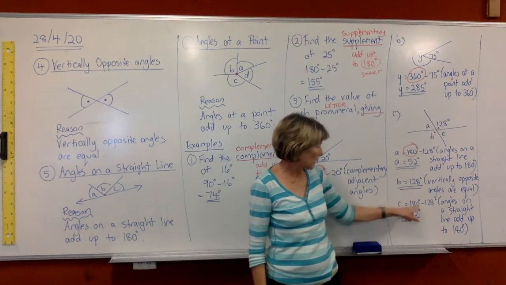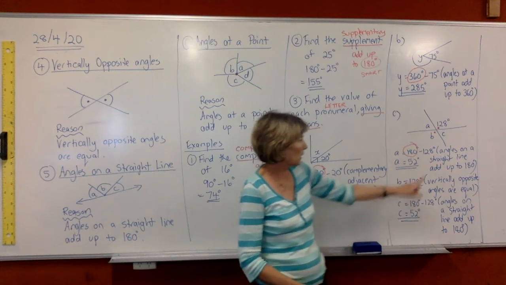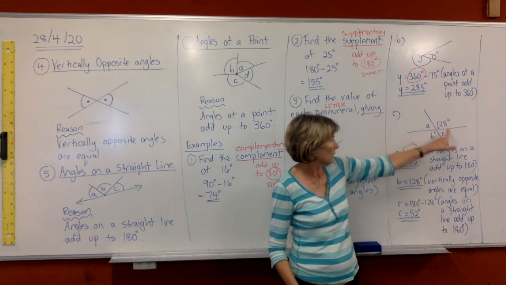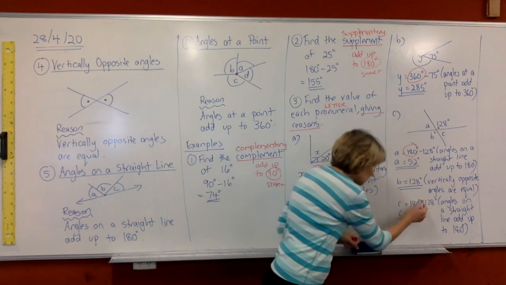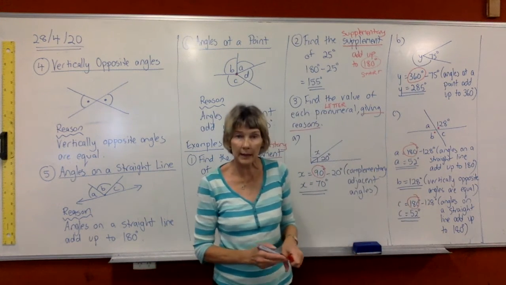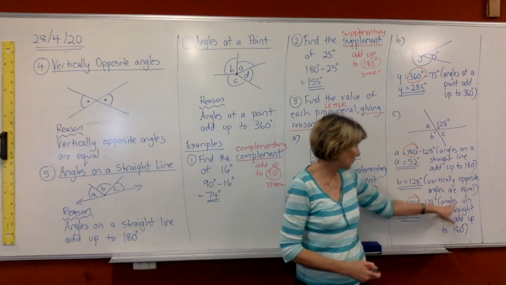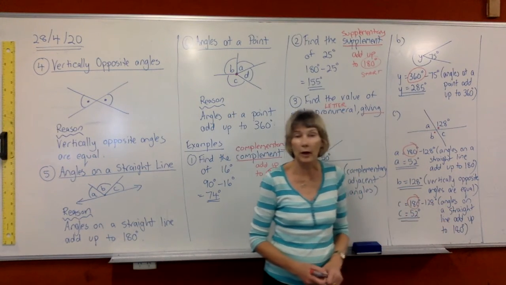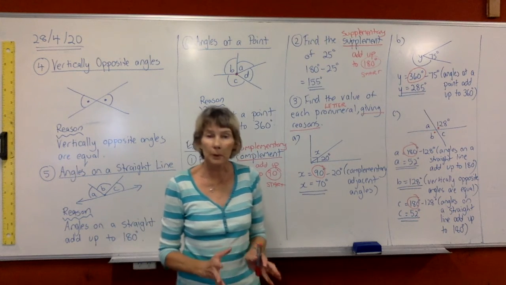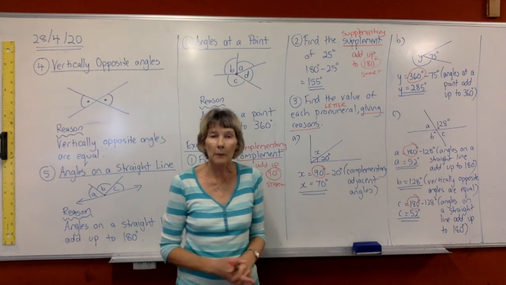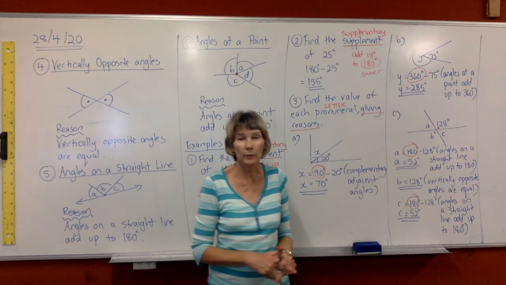So we're going to start with our 180, take off the 128 and find out what's left, 52 degrees. But don't forget, you have to tell them where that 180 came from. And it came from here, knowing that angles on a straight line add up to 180 degrees. So we've got to be really perfect in our wording on our reasons. I'm going to come back in a minute on the next video and do a few more examples with you.